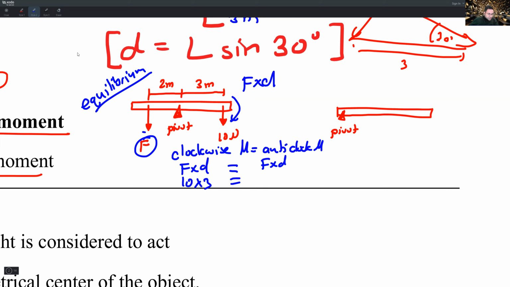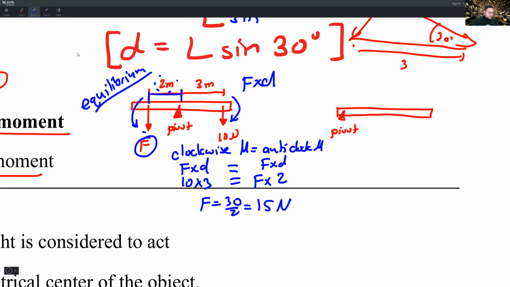I don't know the force, as this one rotates anti-clockwise, to the left, rotating in the other direction. So it's just called F times its distance from F to the pivot, 2. You can figure this out easily. 10 times 3 is 30, divide by 2. You have F equals 30 over 2, which is 15 newtons.